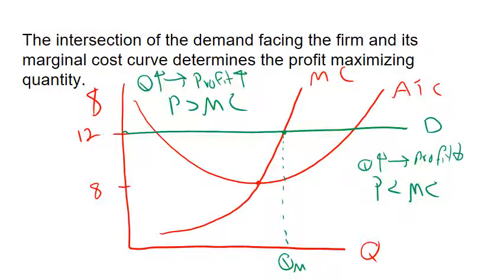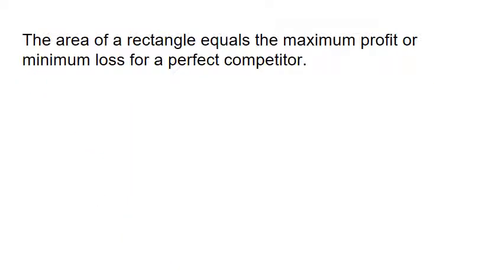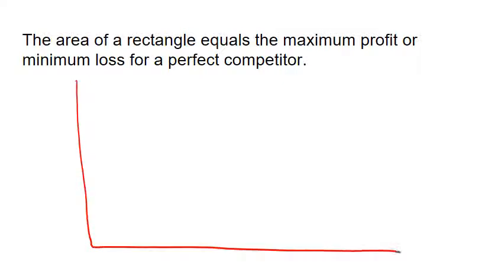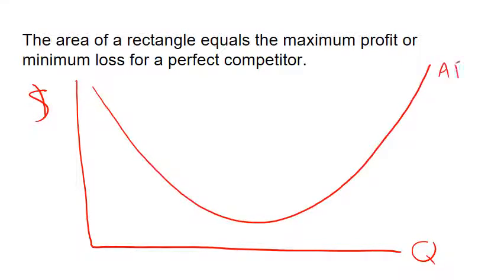Now the next thing I want to do is to find the maximum profit. The area of a rectangle equals the maximum profit or minimum loss for a perfect competitor. Let's draw our graph again. See what we've got going. Here we've got quantity, make it a little bit bigger this time, dollars, average total cost, kind of exaggerate here a little bit, marginal cost.